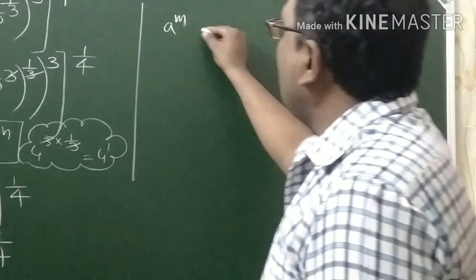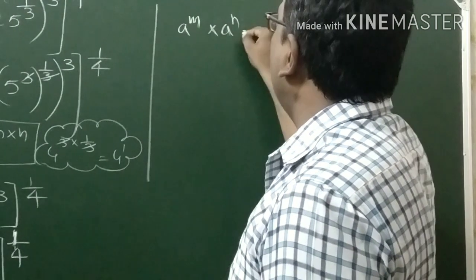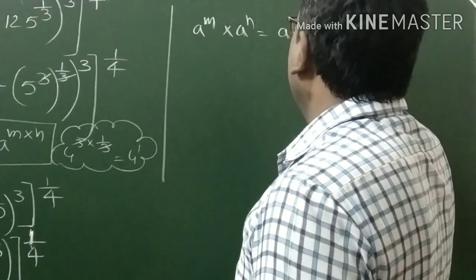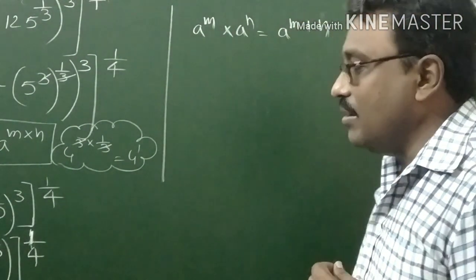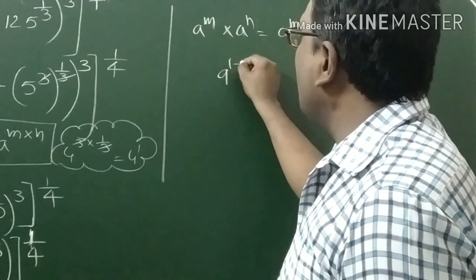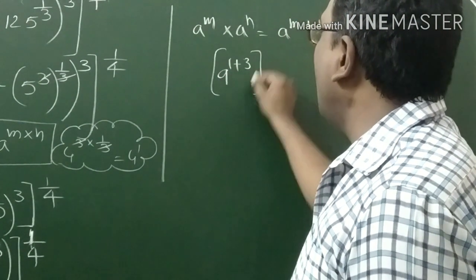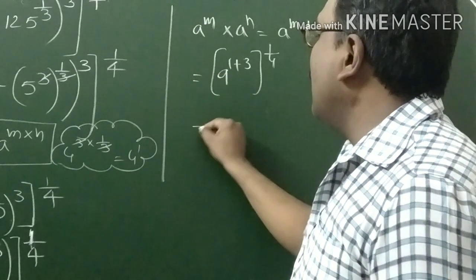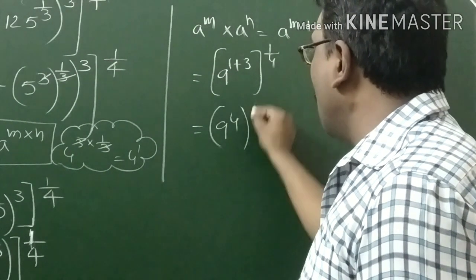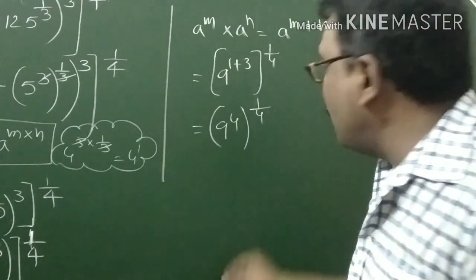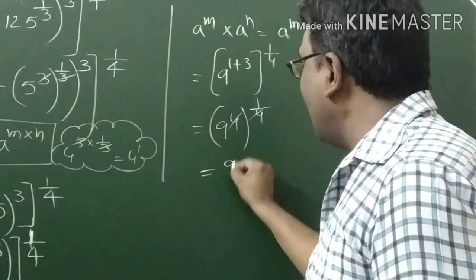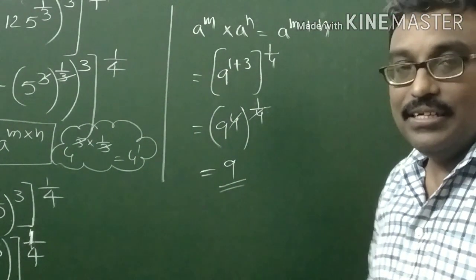Bases: a^m into a^n is equal to a^(m+n). If you apply that, (1+3) whole to the power of 1/4. That is 9 to the power of 4 whole to the power of 1/4. 4 4 get cancelled, so 9 is the answer. Okay.